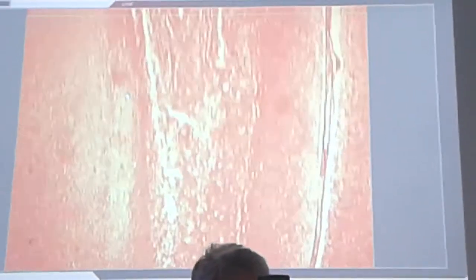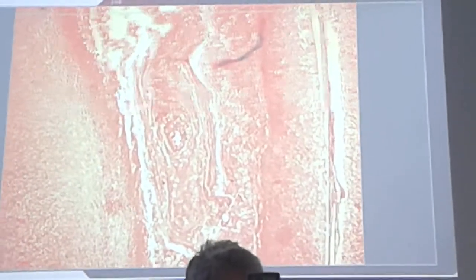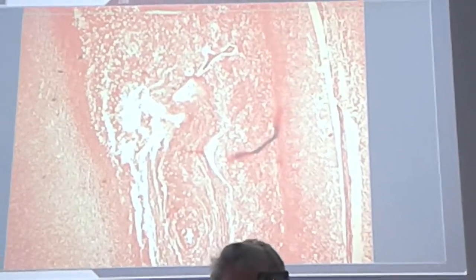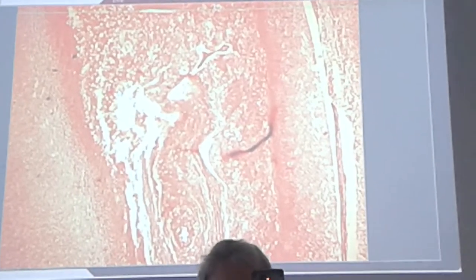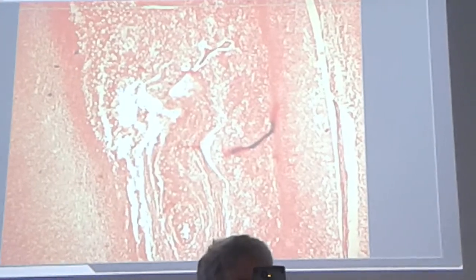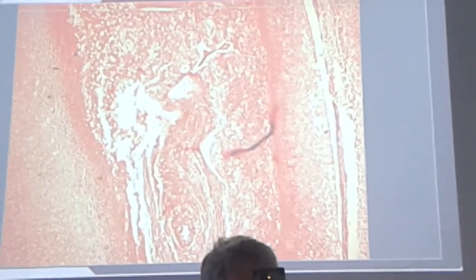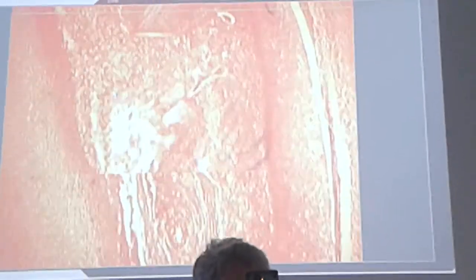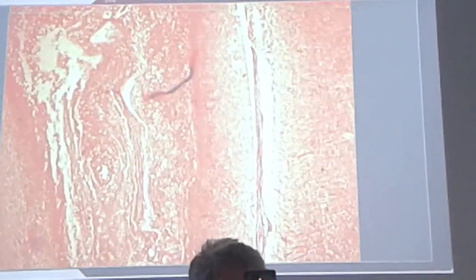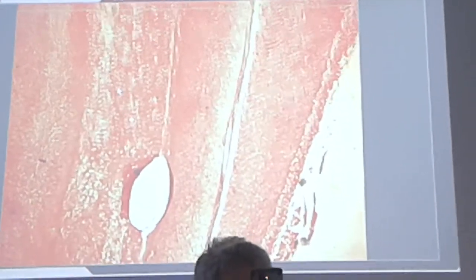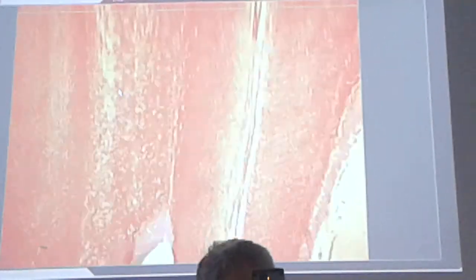And all through this root section, axonal extensions of neurons are invading, and there are many blood vessel sections as well, all going through these two roots.